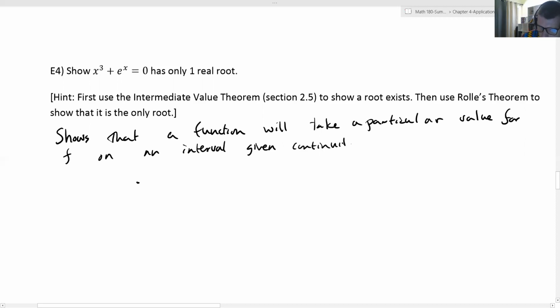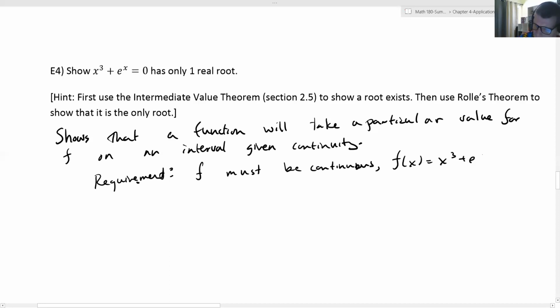The first requirement for the intermediate value theorem to be true is that f must be continuous. So we're going to set up f of x equal to x cubed plus e to the x. That's our first requirement.